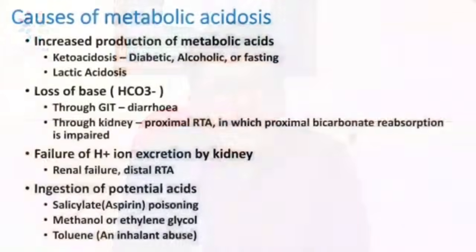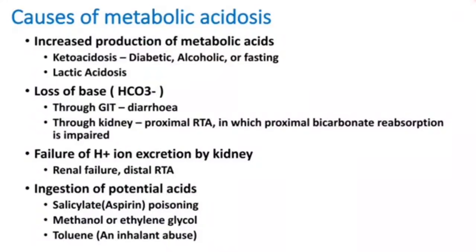If you see the causes for metabolic acidosis in the emergency room, it can be due to increased production of acids, that is ketoacidosis: diabetic, alcoholic, or prolonged fasting or pregnancy can all produce ketoacidosis. Then lactic acidosis, mainly due to sepsis or aspirin toxicity and some other causes.